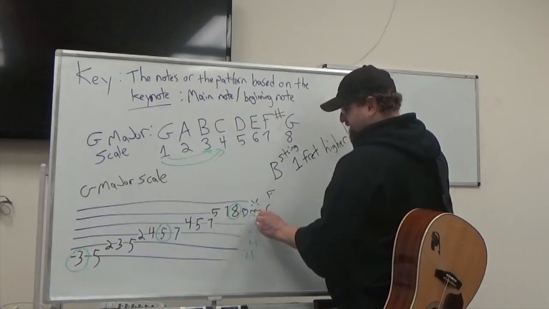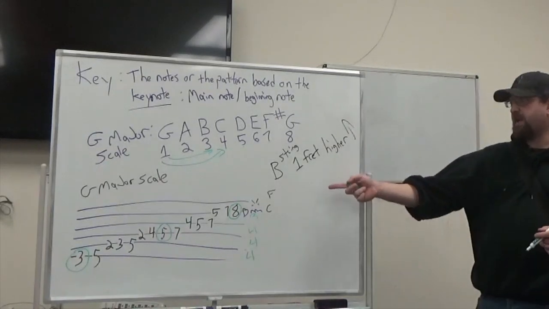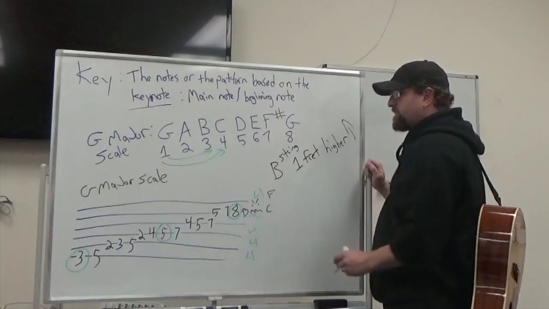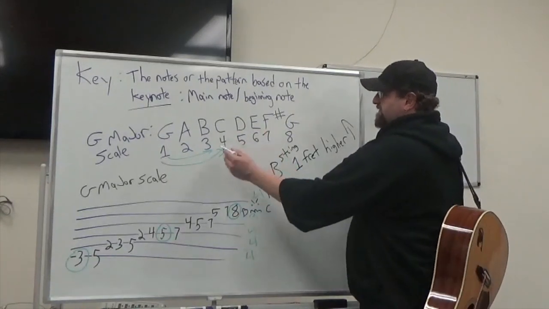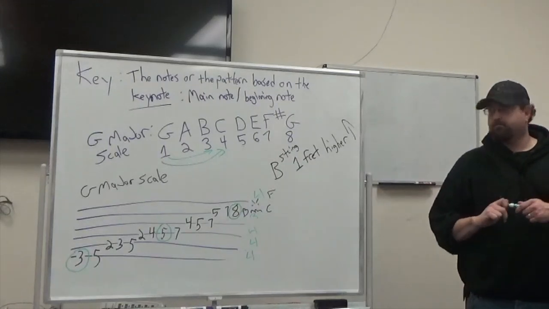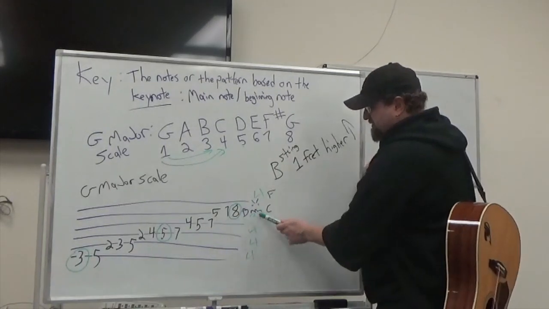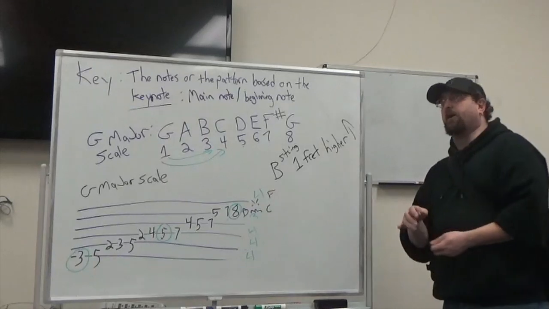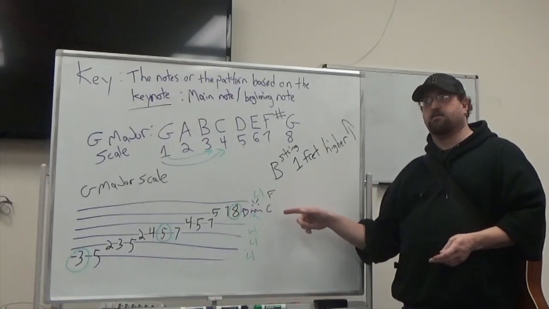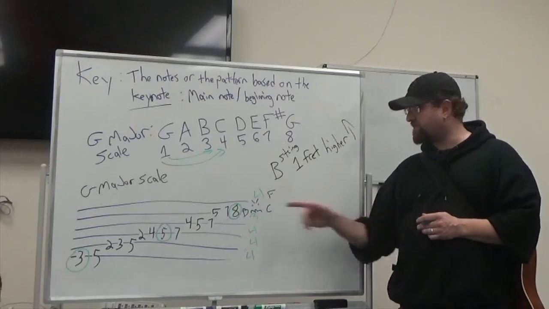So it's a 3rd here. So we have to compensate for that 3rd, right? And then it goes back to a 4th again up there. So from B to E is a fourth. 1, 2, 3, 4, right? So we have to compensate for the B string being like that. But this wasn't just some kind of oops thing or something stupid.